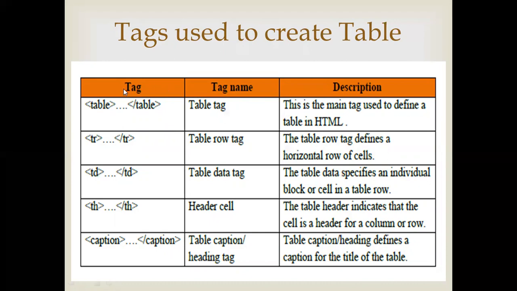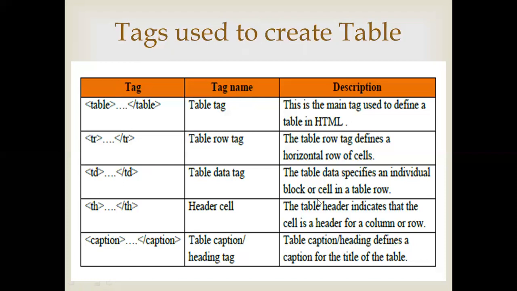Like in this table, the content which is written in the orange color row, that is the heading of the table. So this type of headings which should appear bold automatically, that can be given with the help of th tag.